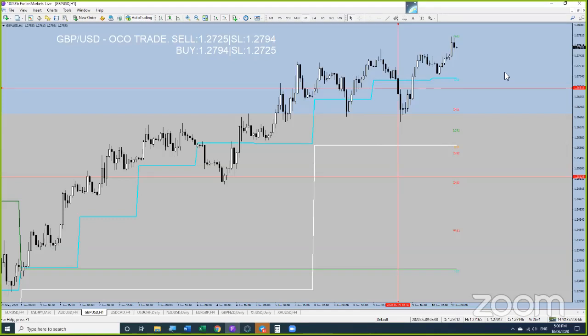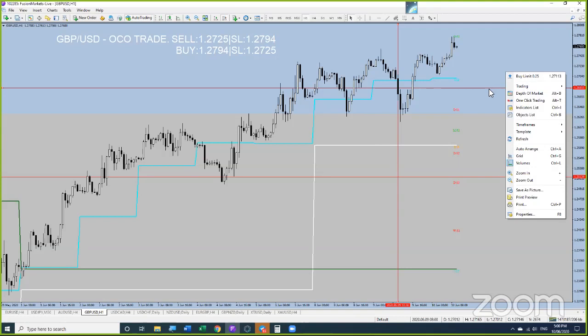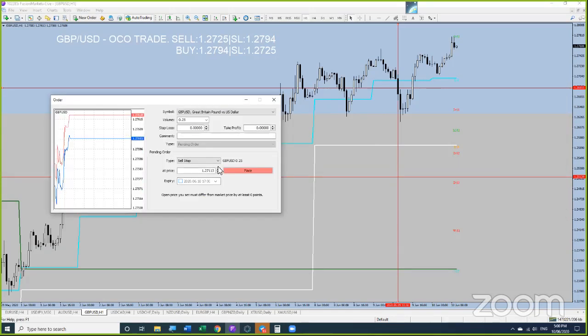I better place these trades, eh? Right, it wants me to do a sell stop first, so we shall. The order is at 127.25, and the stop loss is at 127.94.